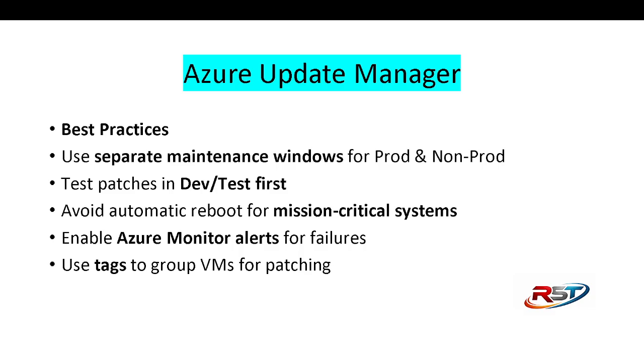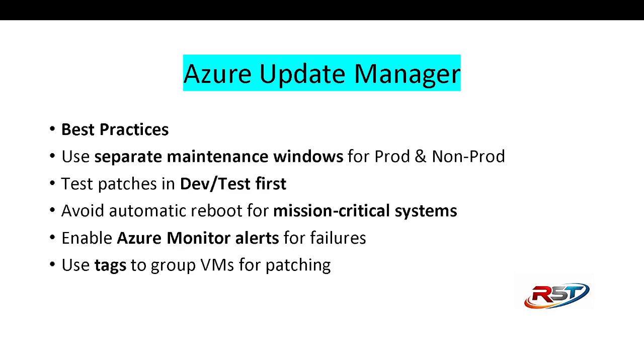Second, test patches in dev and test first, because if there is any issue with the latest patches, it can be identified when we install in the dev environment. We identify and fix it, then it is ready for the production environment. That's why we test patches in dev and test first.